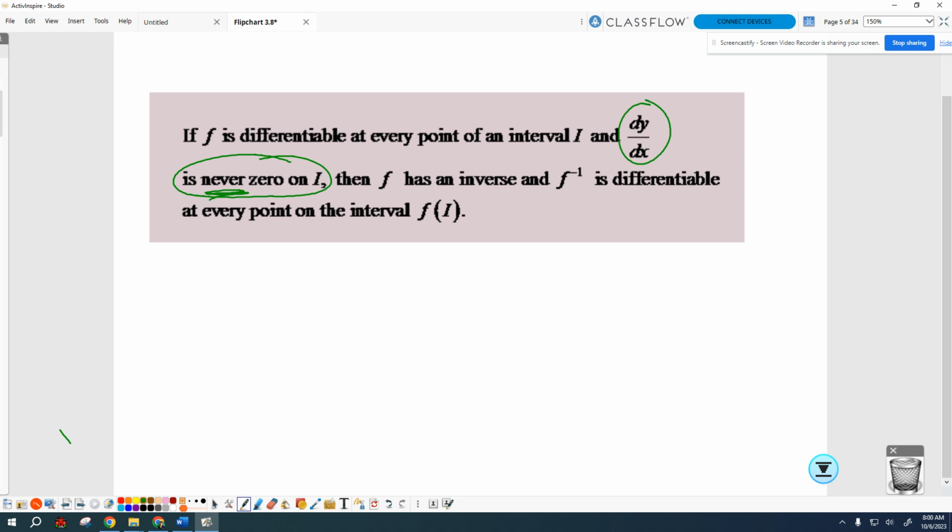Why is that important? So all those trig functions that we just had to make restrictions for, for the inverse to exist without restriction, it needs to pass the horizontal line test. Sine and cosine fail the horizontal line test like everywhere.